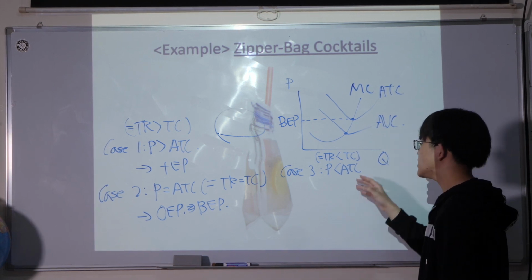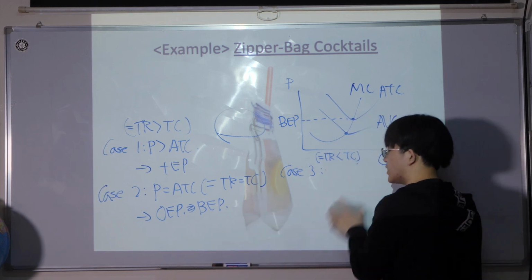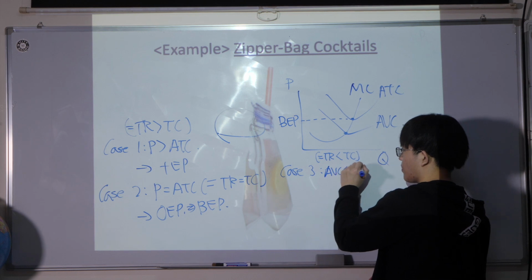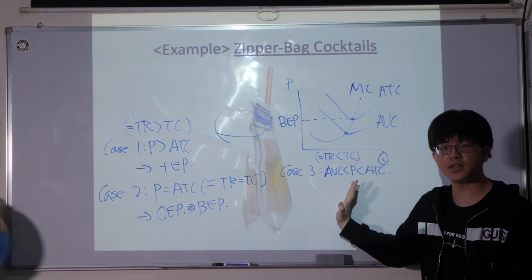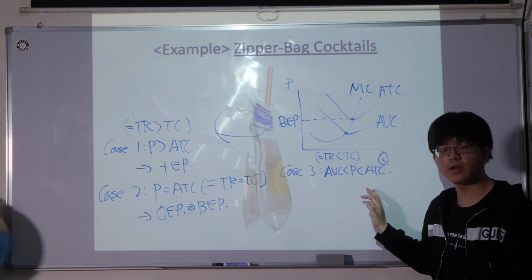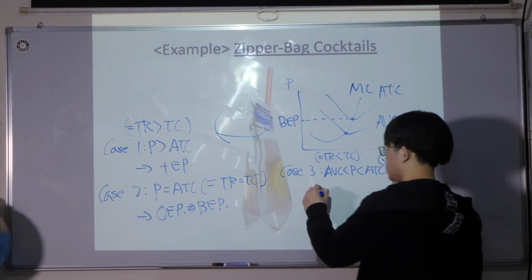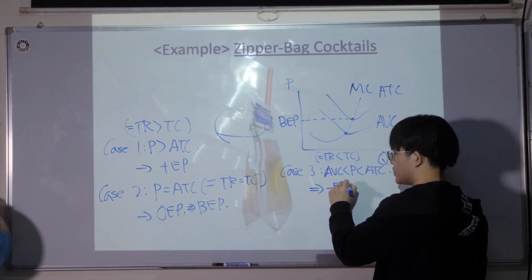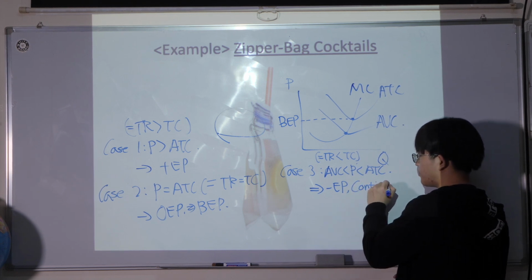So if price is less than ATC but greater than AVC, we will continue to run our business. In this case, we make a negative economic profit. However, we continue our business.